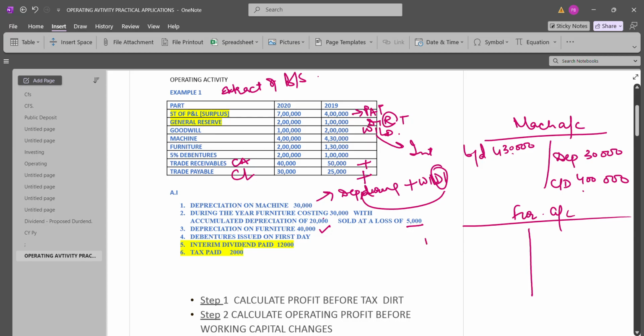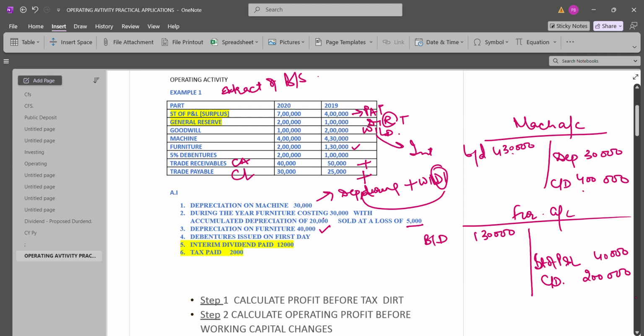The brought down for that, which is your previous year amount, is 1,30,000. We have a carried down amount of 2 lakh, which is the current year amount. We have charged depreciation. In the statement of P&L, this is depreciation on all assets, 40,000.